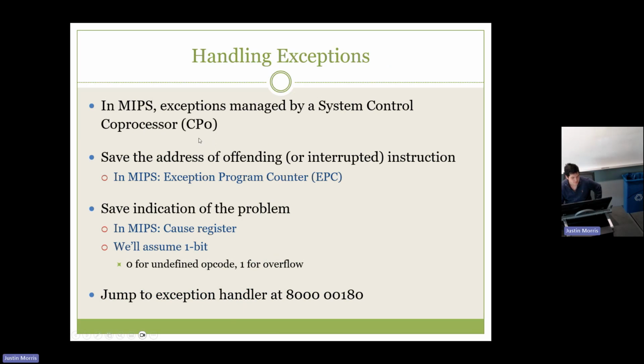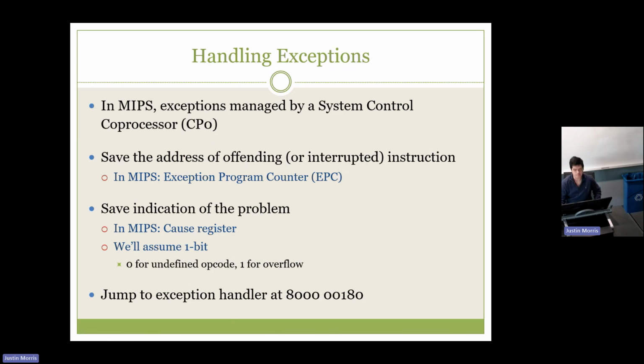So for handling exceptions in MIPS, exceptions are managed by a system control coprocessor. It's going to save the address of the offending or interrupted instruction into the exception program counter. This is the address of the instruction where the interruption or the exception occurred, right?